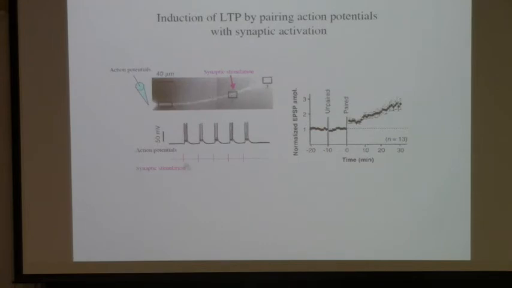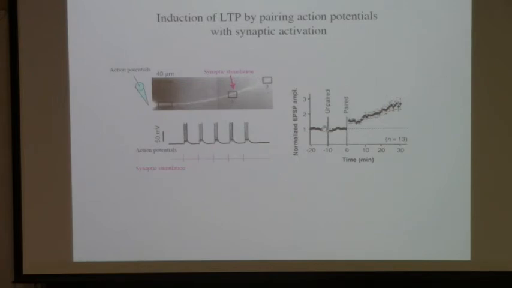So what they did is that they paired this and this. They give bursts of action potentials, I think like four in this little burst, and this is the synaptic stimulation. They can do it simultaneously, or they can do it out of phase. They can deliver, for instance, all of the action potentials first, and then deliver all of the synaptic stimulation later.